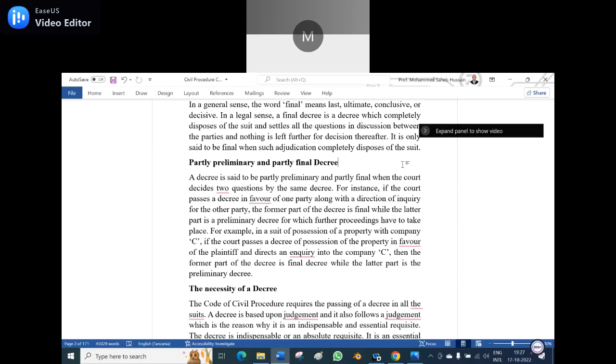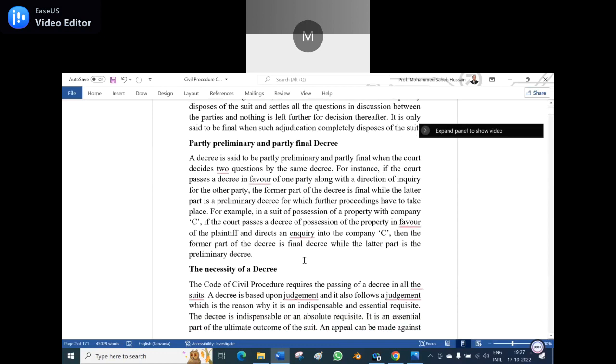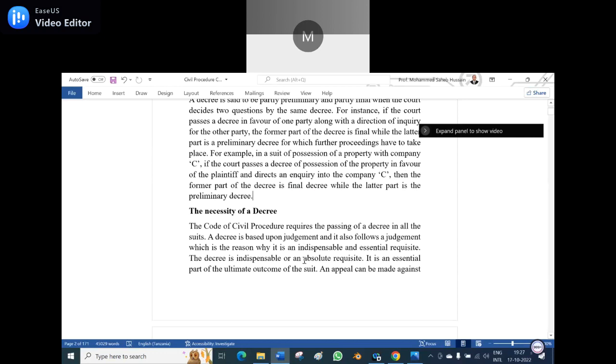So that is what they say, partly preliminary, partly final. Partly final to the first party and partly preliminary to the second party, because still the inquiry should be done. That is the reason we can say partly preliminary and partly final decree.